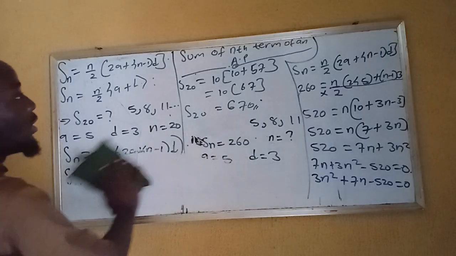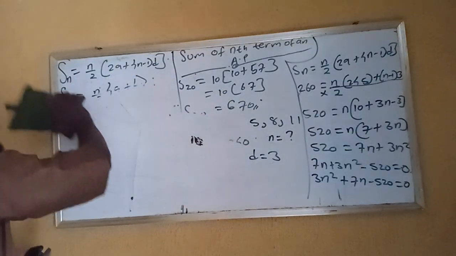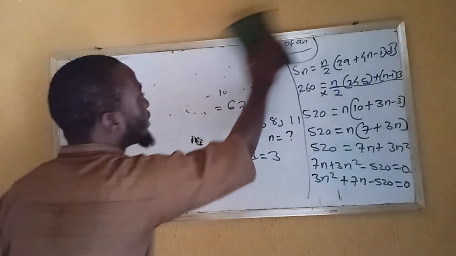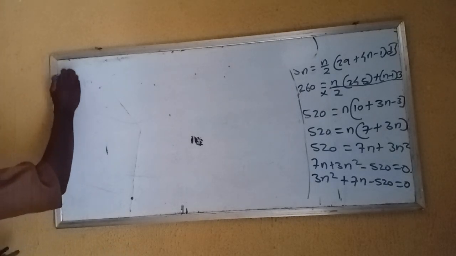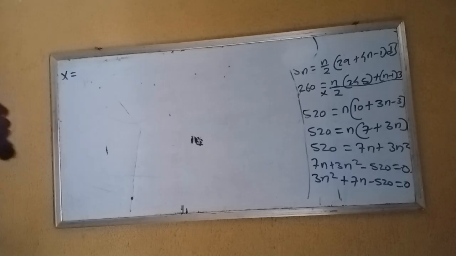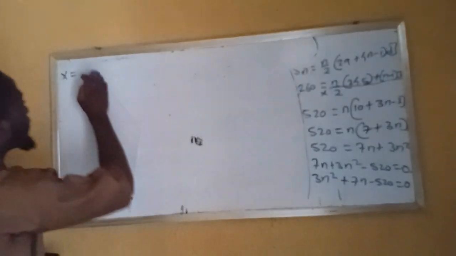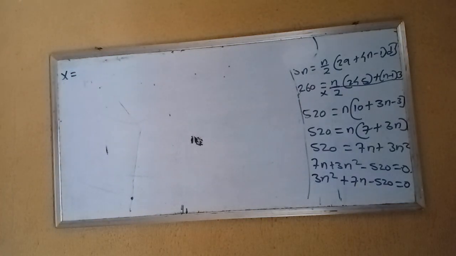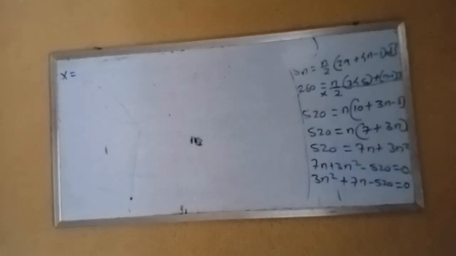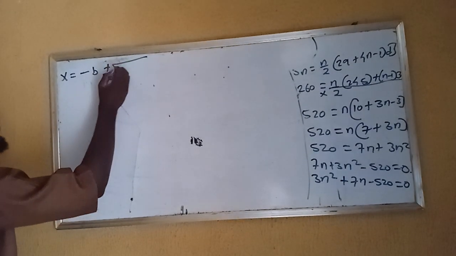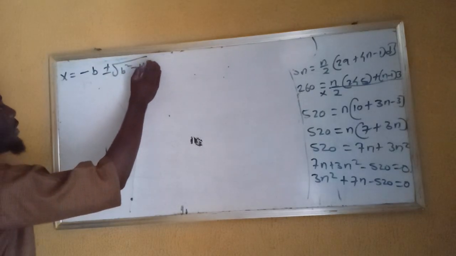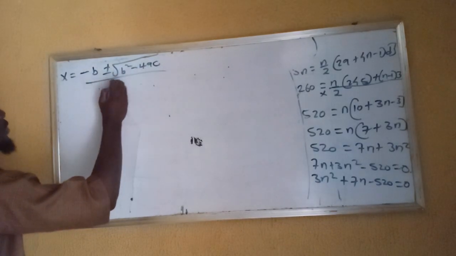How are you going to do it? Or we can easily use the almighty formula, the quadratic formula, which is x equal to minus b plus or minus square root of b squared minus 4ac all over 2a.